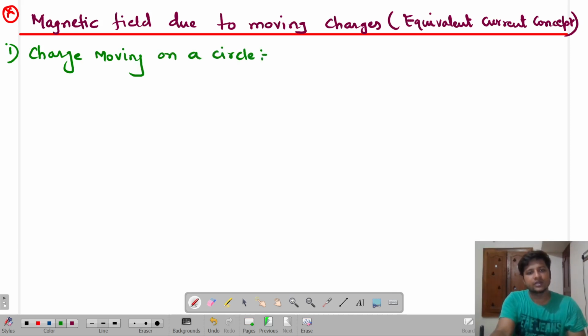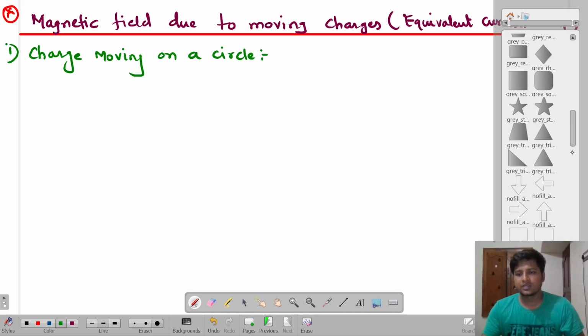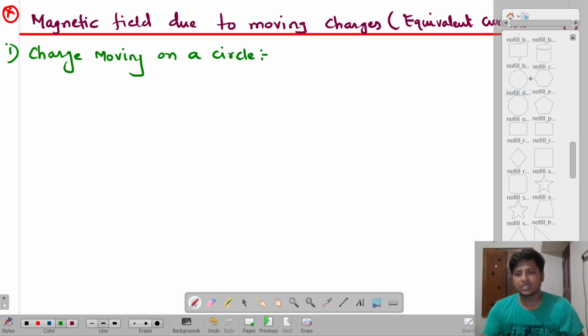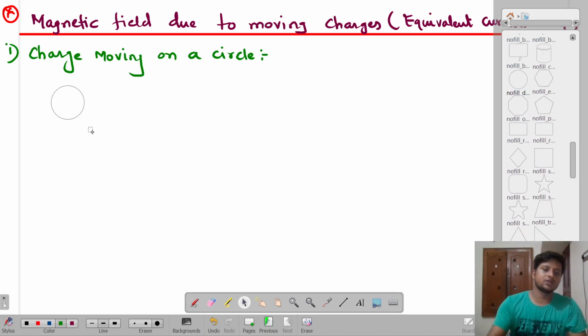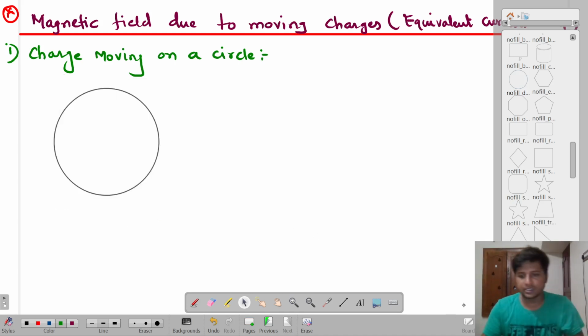Earlier it was randomly moving, but right now we'll consider one or two examples where it moves in a particular way. So right now we consider if a charge is moving in a circular way. Is that clear?